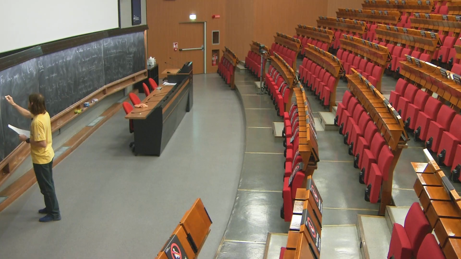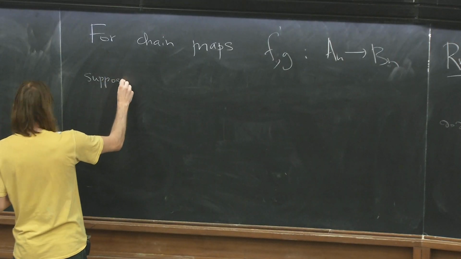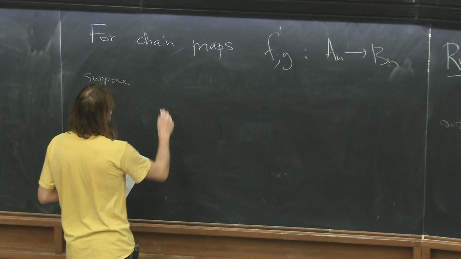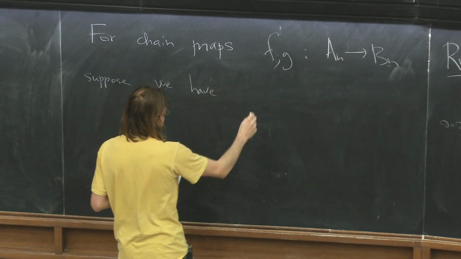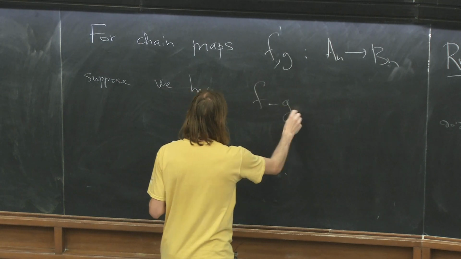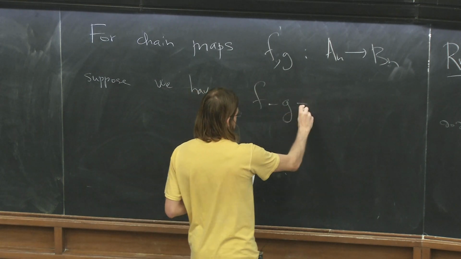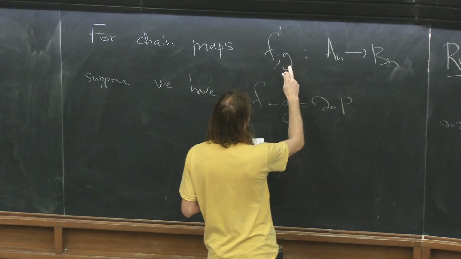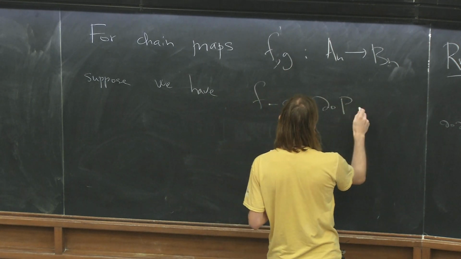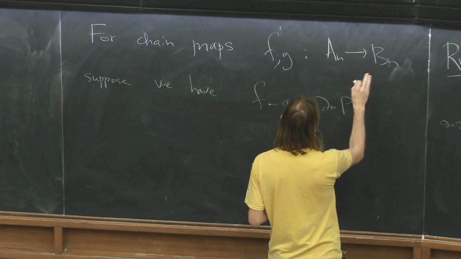Suppose we have such a pair and an identity similar to what we had before for F sharp and G sharp in the case of singular chain complexes.